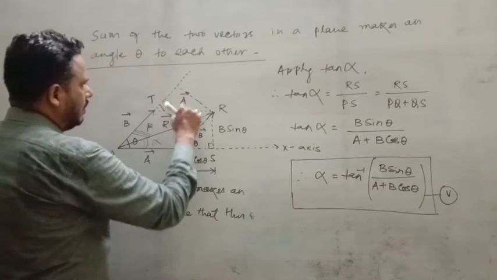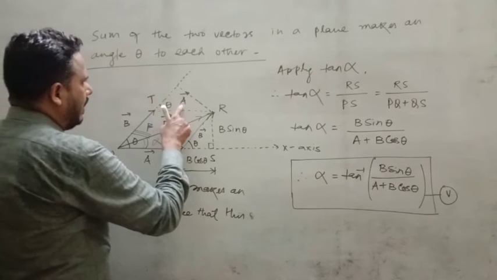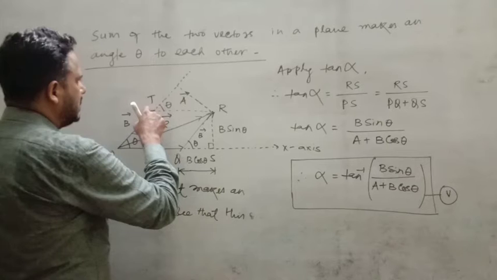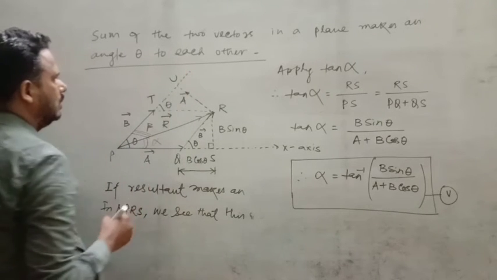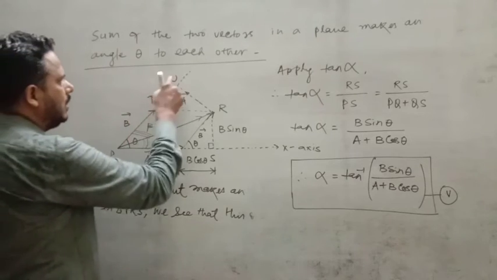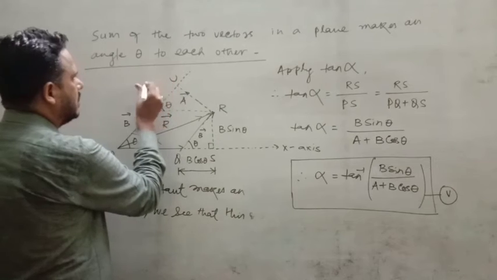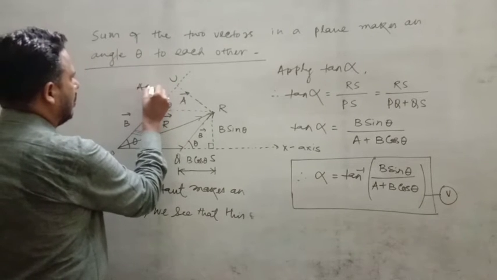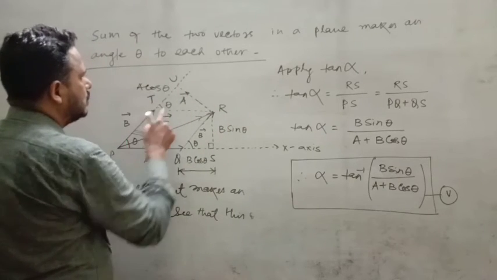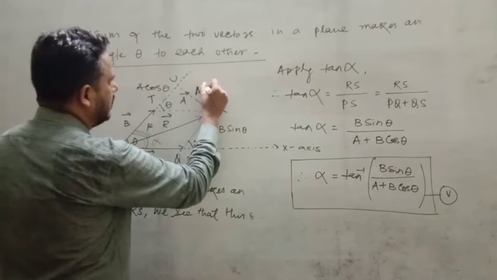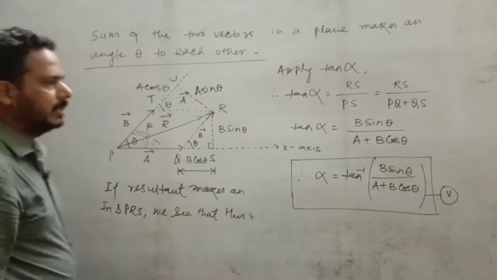So the projection of a along this, suppose this one is t, suppose this one is u. How much is tu? So tu is a cos theta, and ru is a sin theta, and then you can find out this angle beta.